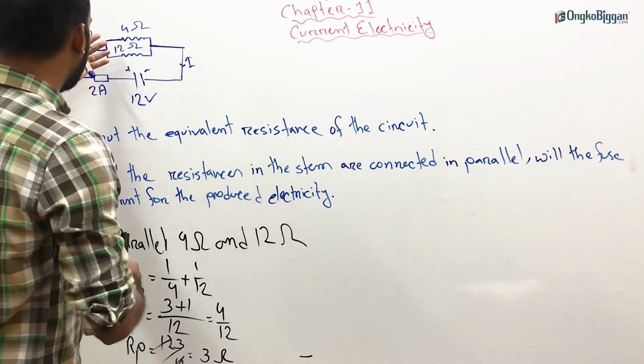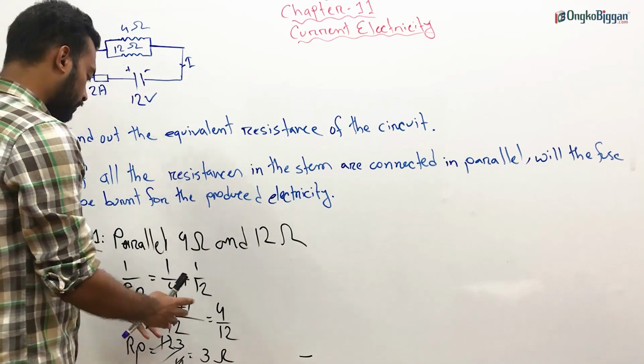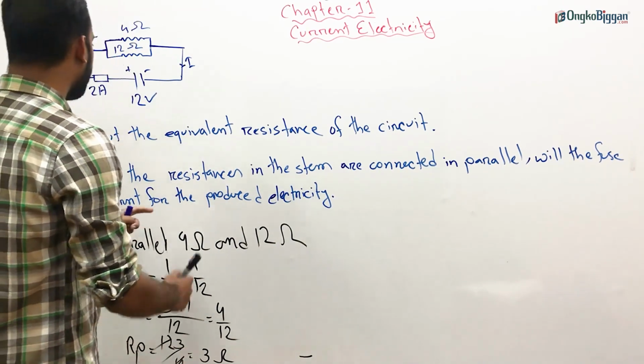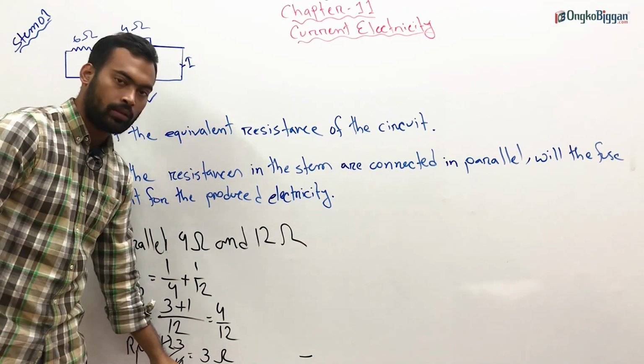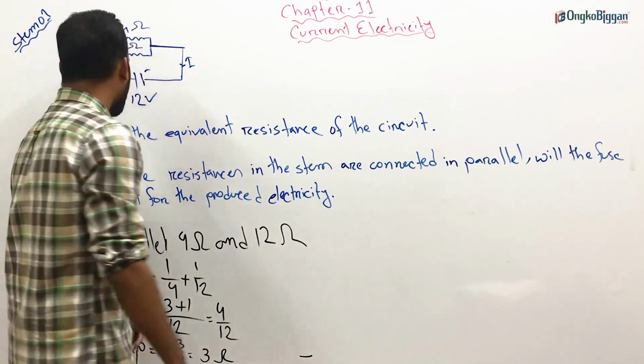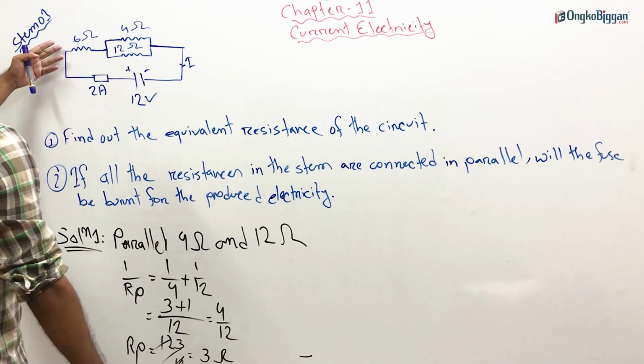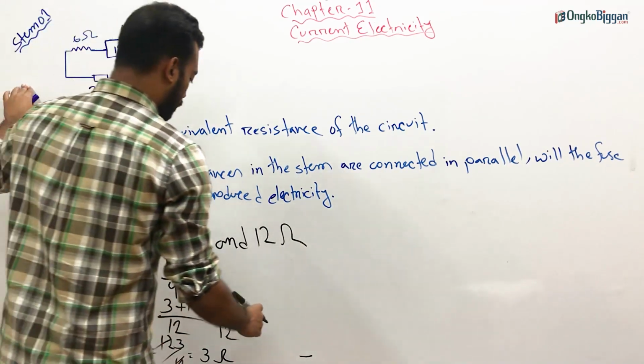So the resistances which are in parallel have an equivalent resistance Rp equal to 3 ohm, and there is a resistance in series which is 6 ohm.